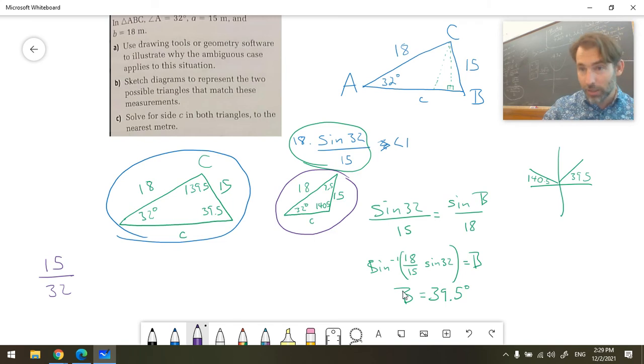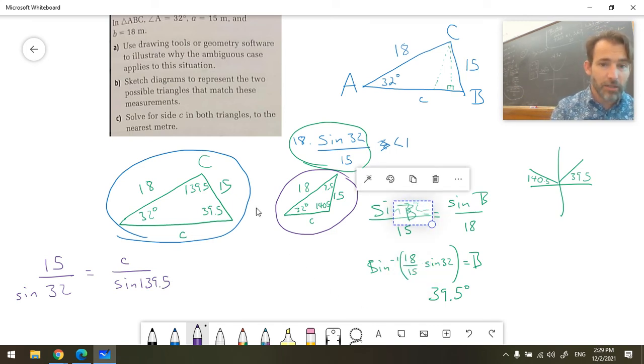I never rounded, so I like to use those better. Sine 32 degrees is equal to the unknown c over sine 139.5. So I'm going to multiply both sides by sine 139.5.